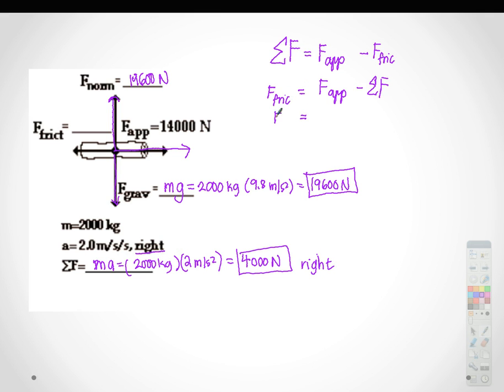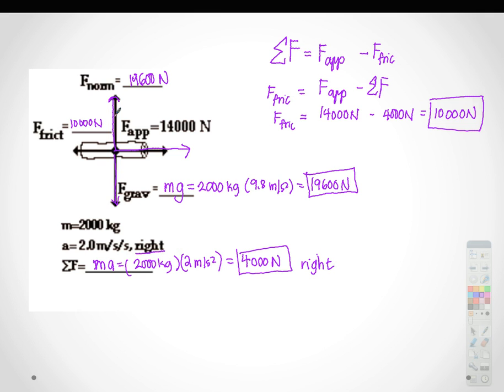So our force of friction is equivalent to the force applied, which is 14,000 newtons, minus our net force, which is 4,000 newtons. So the magnitude of your force of friction should be equivalent to 10,000 newtons.